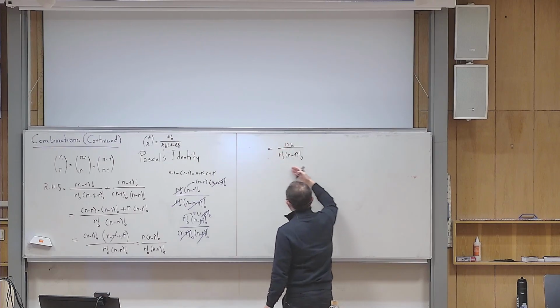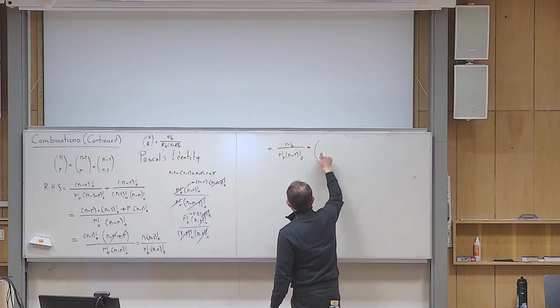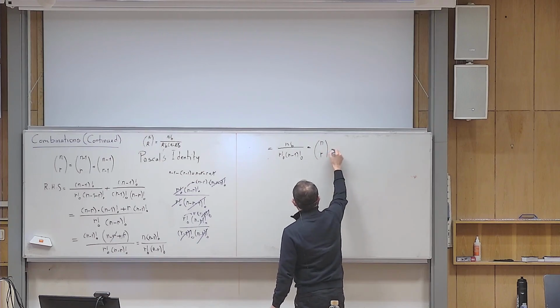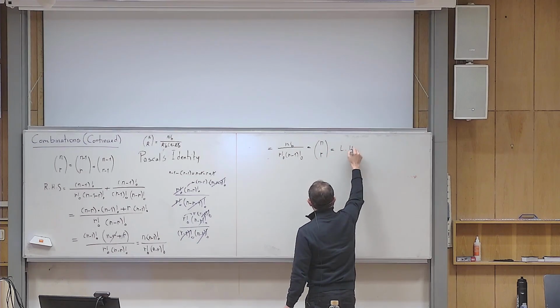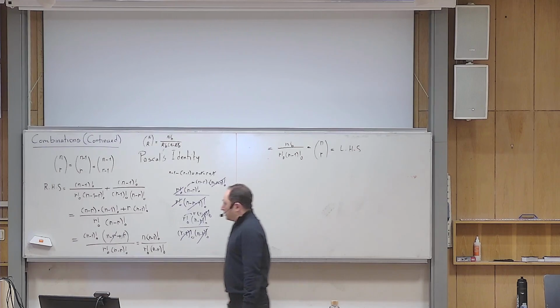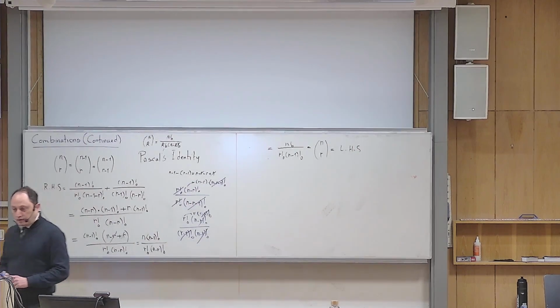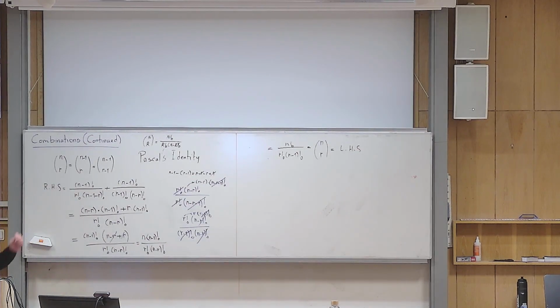But this is also a very famous formula. The formula is just n choose r, and this is equal to the left-hand side, yes? So this is the algebraic way of proving Pascal's identity. And we also proved this in a different way last time, if you remember, using combinatorial arguments.